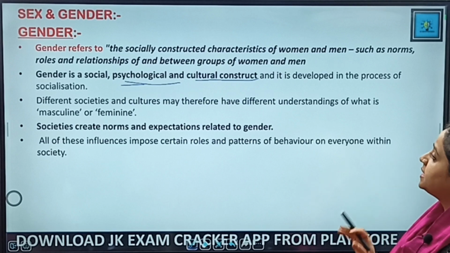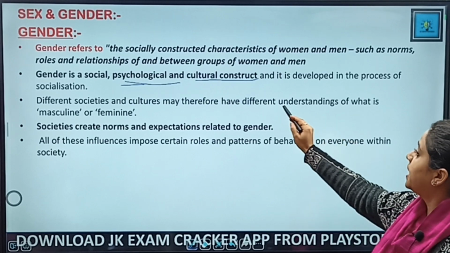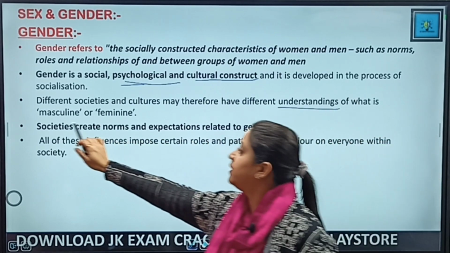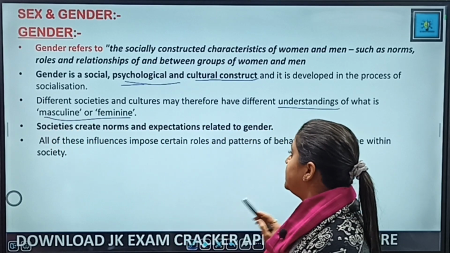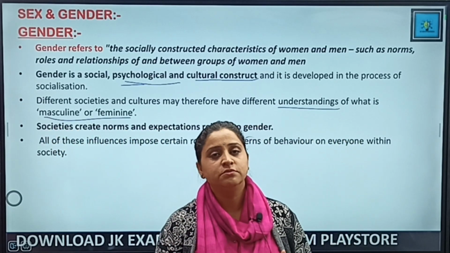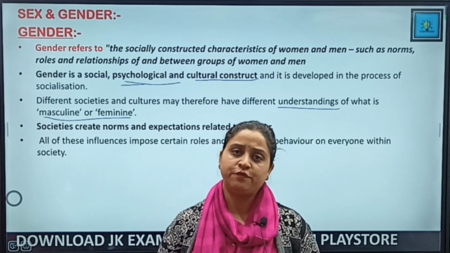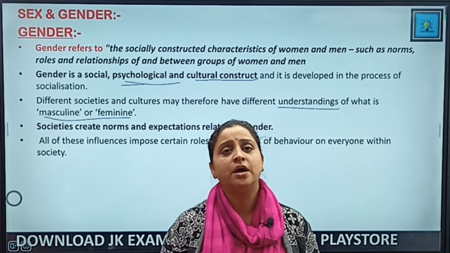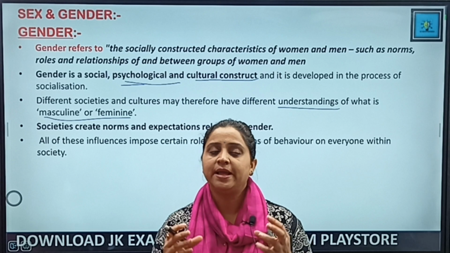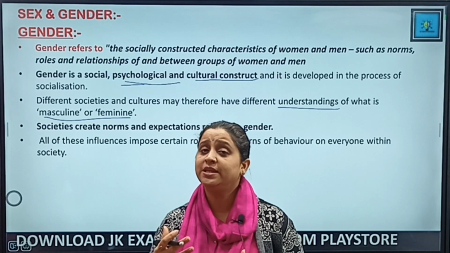So different societies and cultures have different understanding of what is masculine and feminine. However, societies have different expectations from different genders. For example, females are supposed to be gentle and delicate and soft and caregiving.